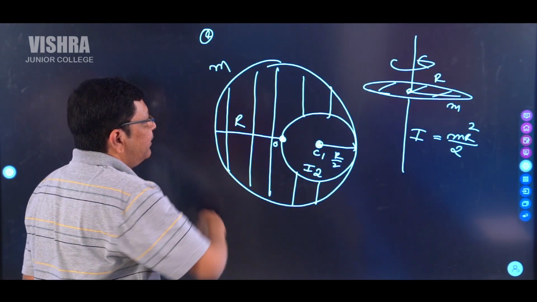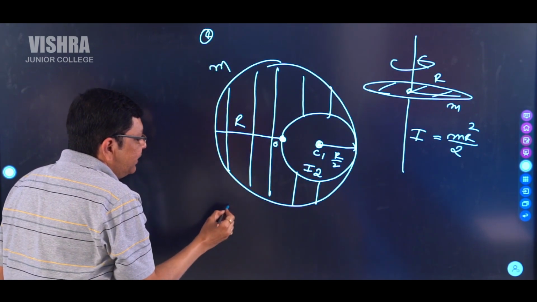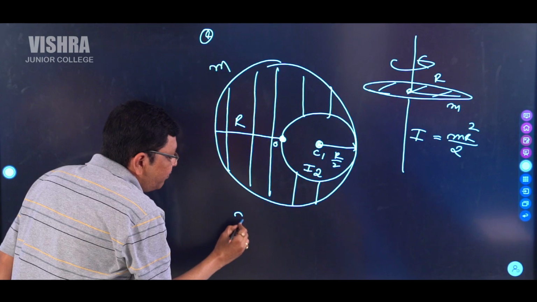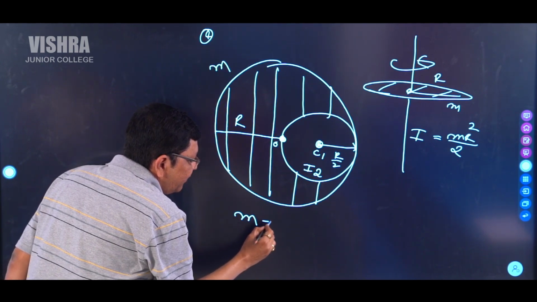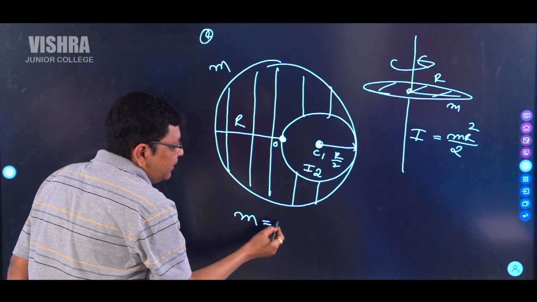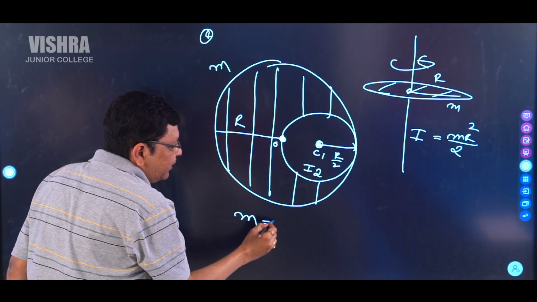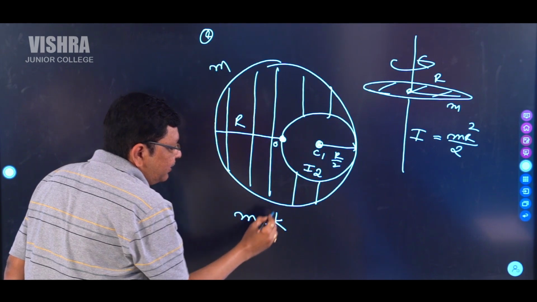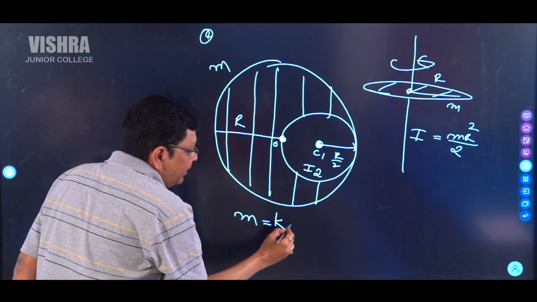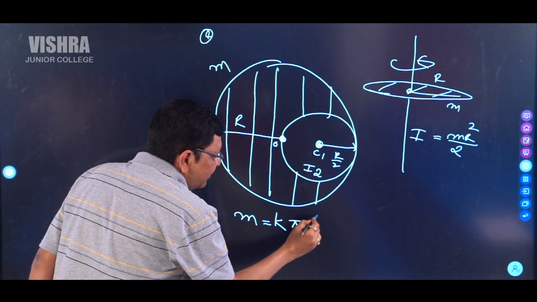The entire disc has uniform thickness. When thickness is uniform, then mass will vary directly proportional to area, because mass is equal to density into thickness into area. So density is uniform, thickness is uniform. If density into thickness is a constant number K, then K multiplied by area will be its mass.